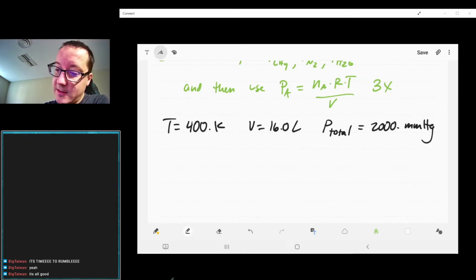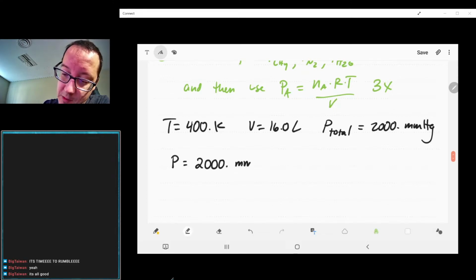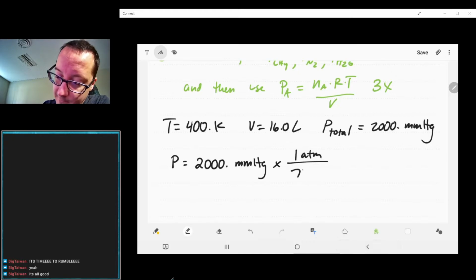But we see that we have one unit that's not allowed. So we're going to have to go ahead and fix that unit first. Remember the conversion factor for this is 760.